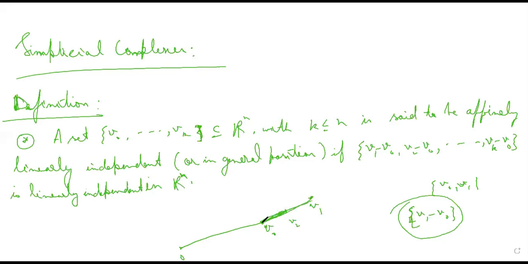So these two vectors are not linearly independent, and hence these 3 points V0, V1, V2 are not in general position. They are not affinely linearly independent vectors. Similarly, in R3 also we can talk about this.